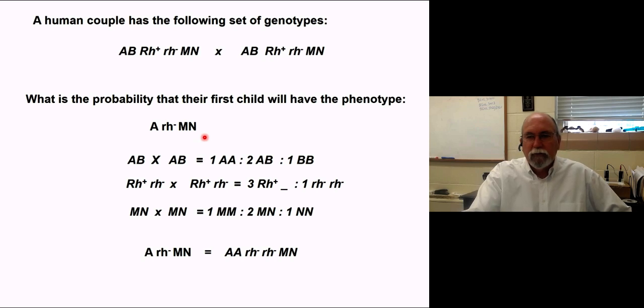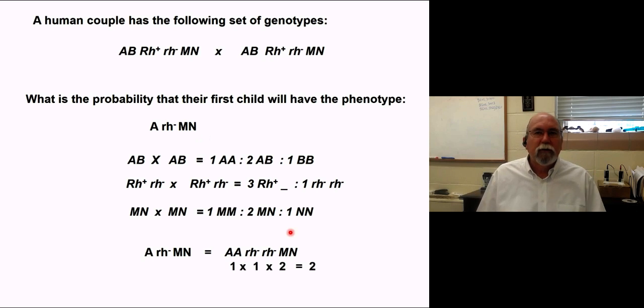right? So guess what? We can just use the product rule and say, it's got a 2 chance, okay? 2 out of something, right? We got to figure out the something. Well, turns out there's 1, 2, 3, 4. So 1 plus 2 plus 1 is 4 parts there. 3 plus 1 is 4 parts. 1 plus 2 plus 1 is 4 parts.